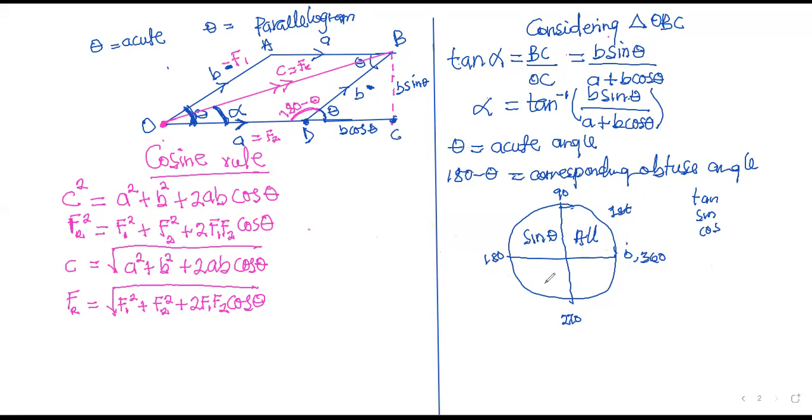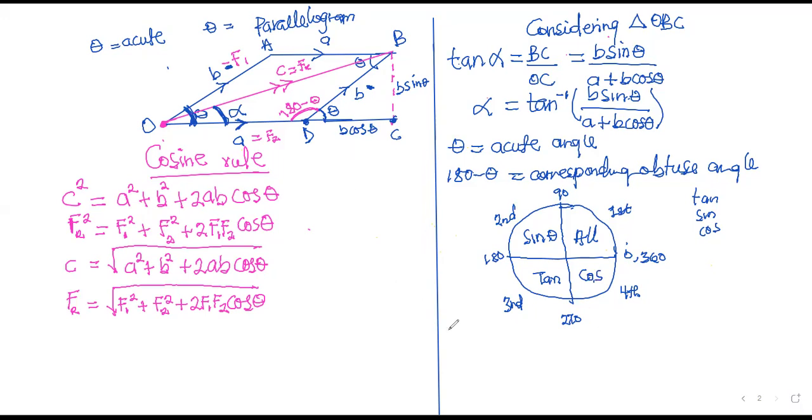Within the third quadrant, only tangent is positive. It means that sine and cosine are negative within the third quadrant. Then within the fourth quadrant, only cosine is positive. The rest are all negative.